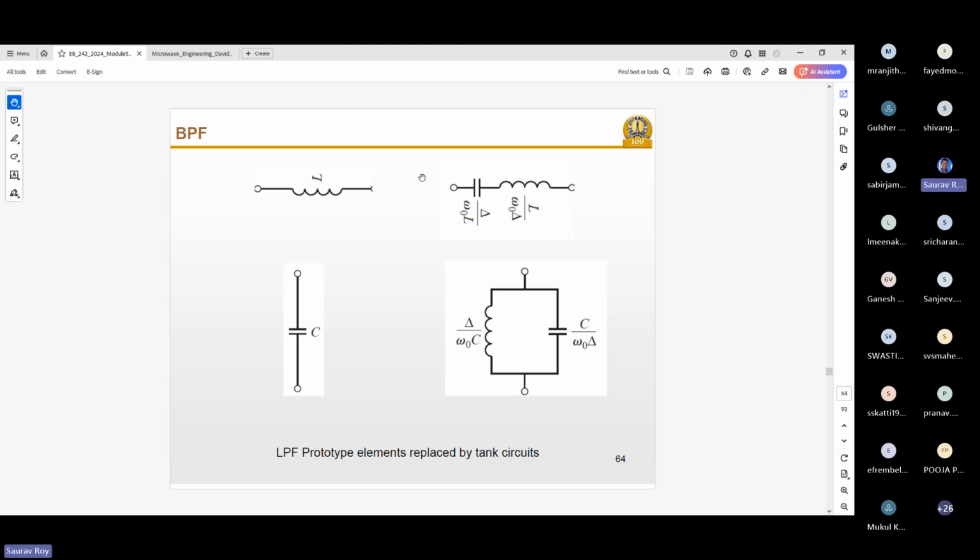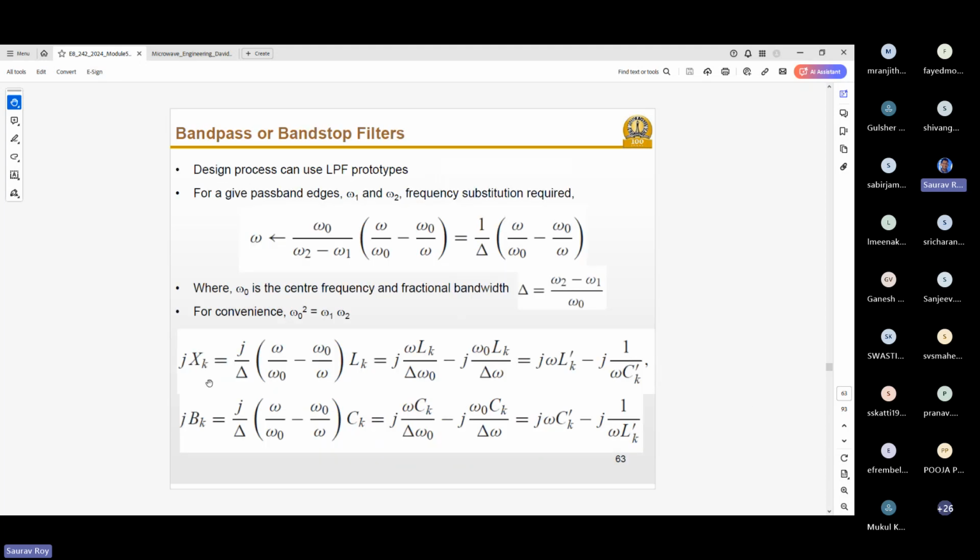Actually, if you follow the previous one, what we have is a normal inductor LK. If you put this replacement, the 1 over delta function, omega minus omega naught inside parentheses, and multiply with LK, what you actually get is a joint LK and CK term, right?